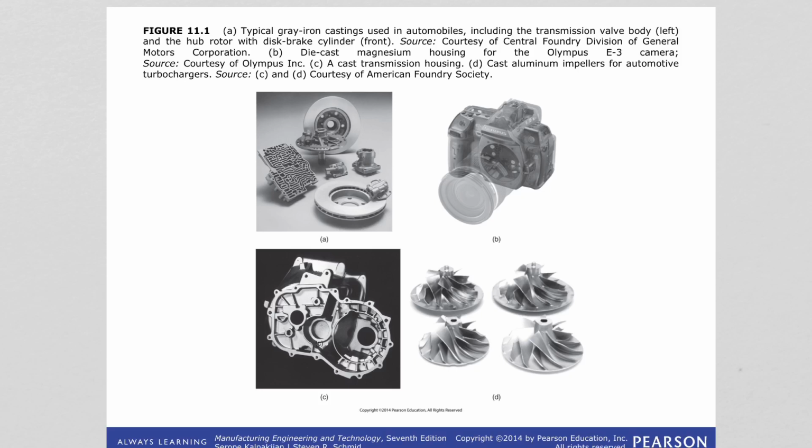In image C, we are seeing a cast transmission housing. And in image D, we are seeing cast aluminum impellers for automotive turbochargers. So as you can see, casting products are used in a wide range of applications.